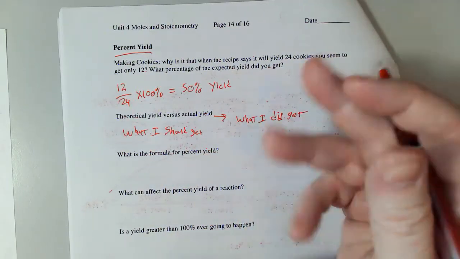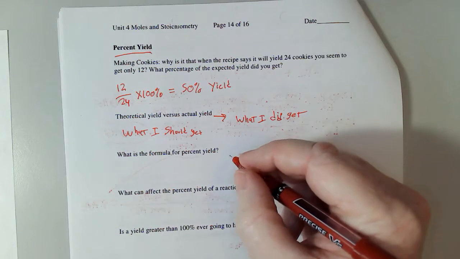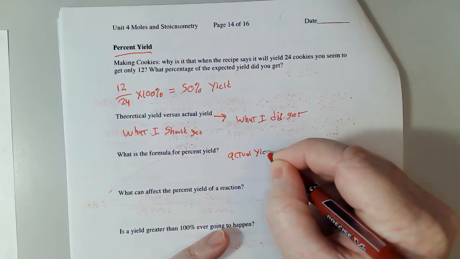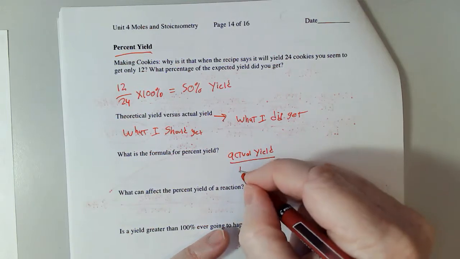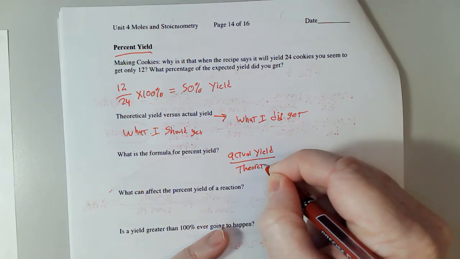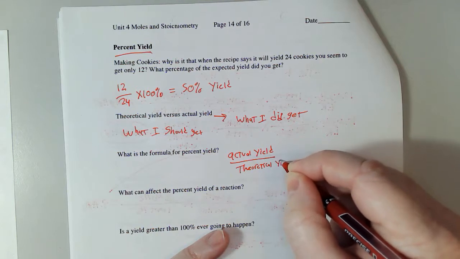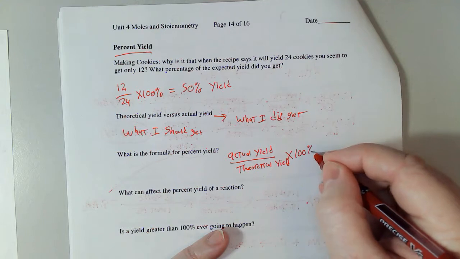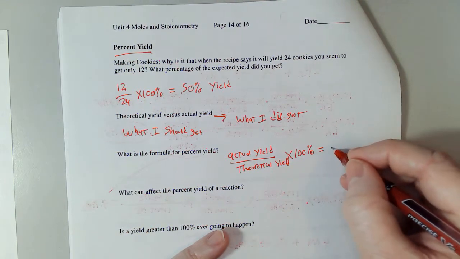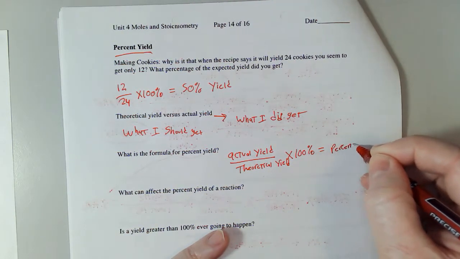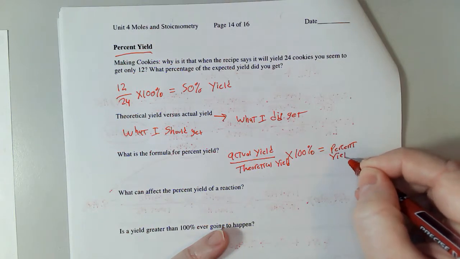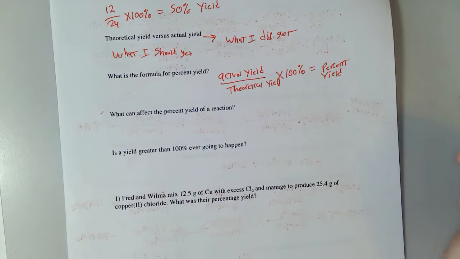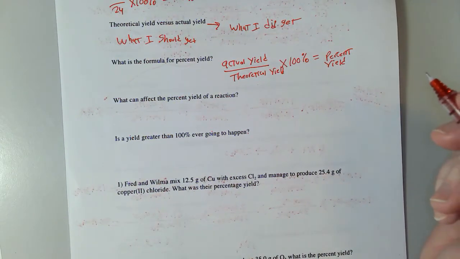So my formula to figure out a percent yield is to take the actual yield, divide by the theoretical yield, multiply that by 100%, and that equals my percent yield. And we do that a lot, okay? A lot of questions like that inside of a laboratory situation.